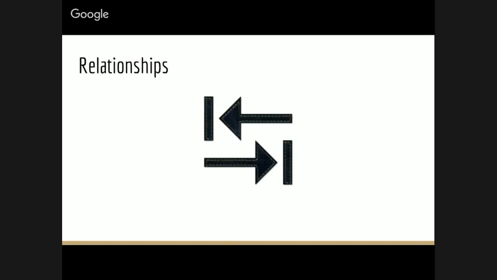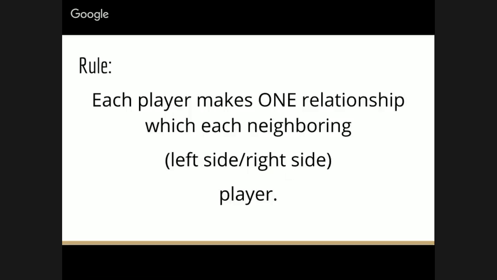So relationships is the one I want to start with because it is the most important. Relationships, far and away the most important of the 4 with this. Why this symbol for this area? Because each player makes one relationship with each neighboring player.